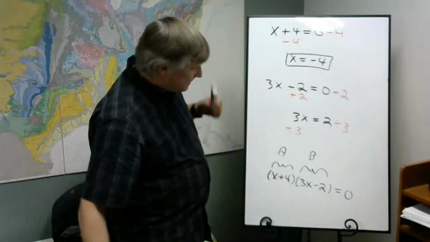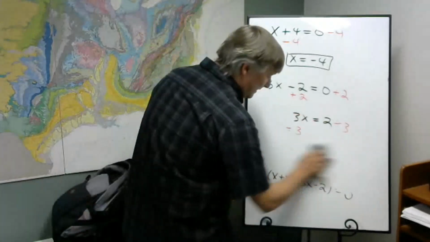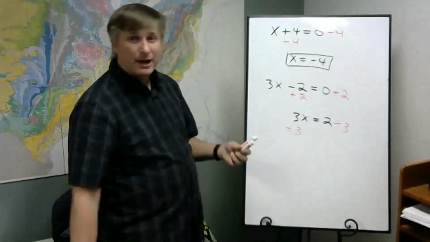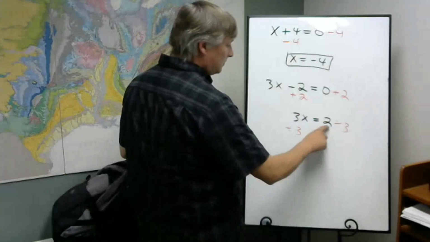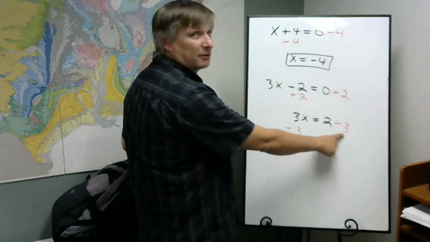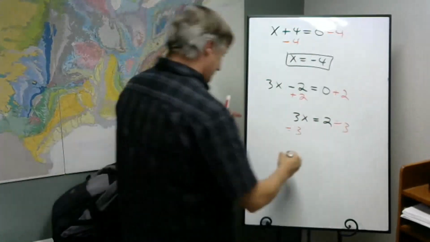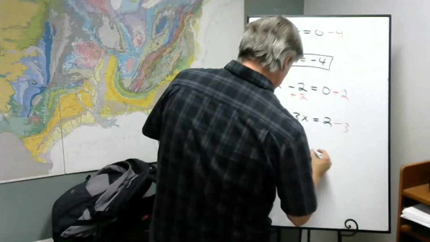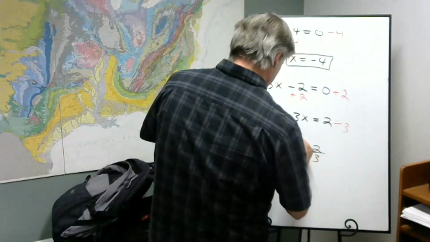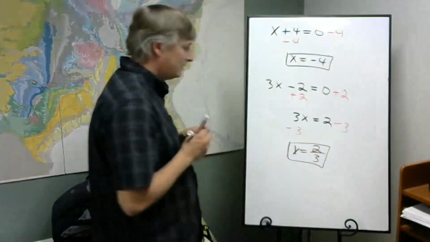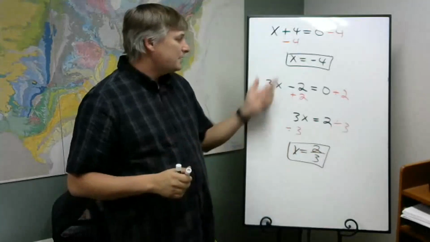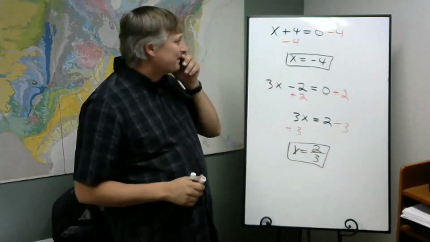And I've got a number divided by a number here. They're not going to go in evenly, so I'm going to write it as a fraction: 2 fraction bar 3. So these are the two answers we're going to get.